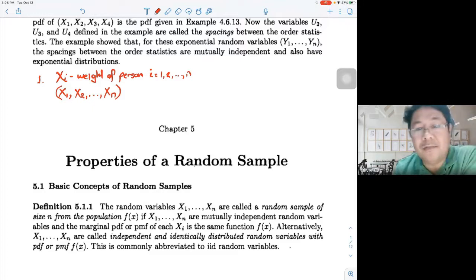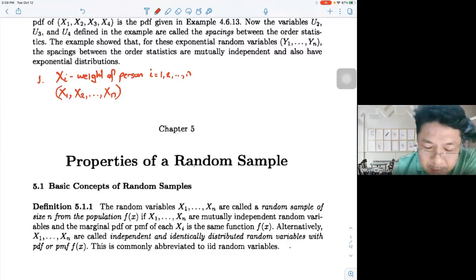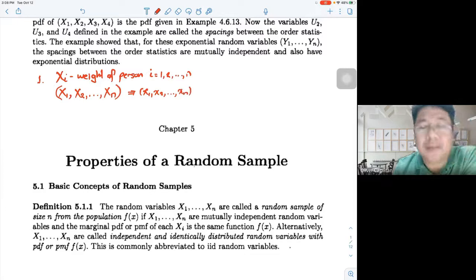So the realized value of this random vector implies that we have the observations small x sub 1, small x sub 2, up to small x sub n.